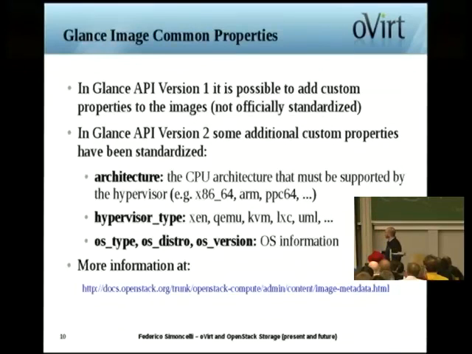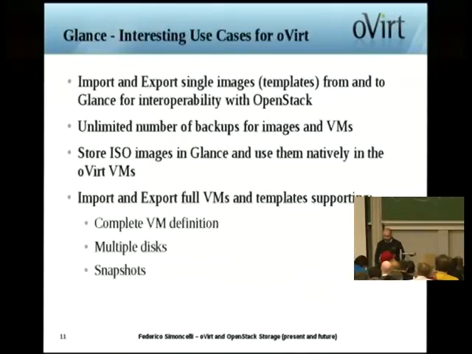We decided not to use these common properties to store oVirt specific information because we wanted to actually have full integration with OpenStack, so that information wouldn't have been consumable by OpenStack. So we are not storing any additional properties in Glance for now.